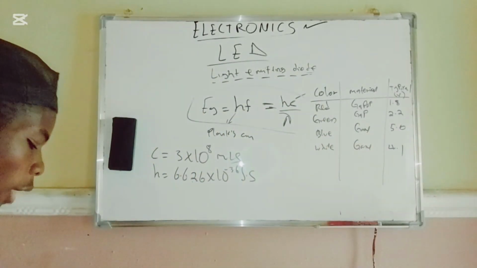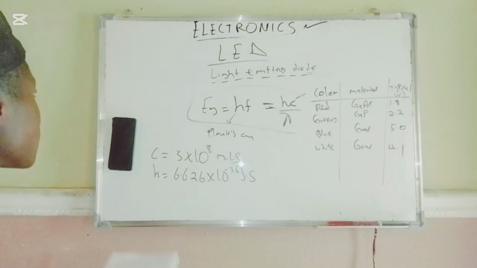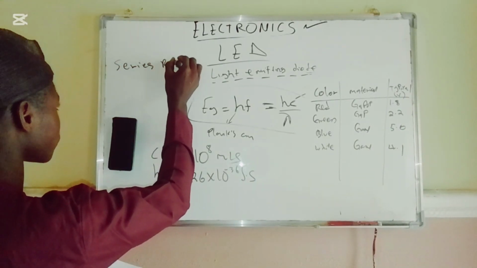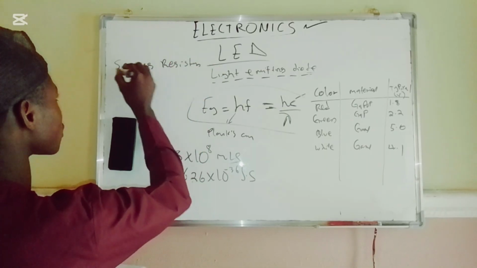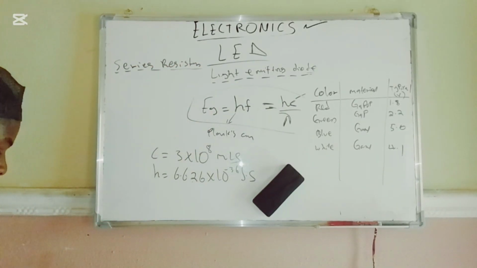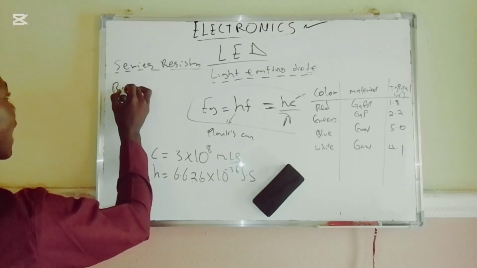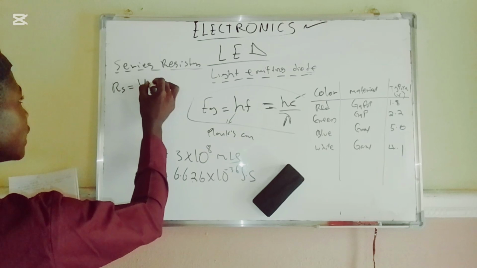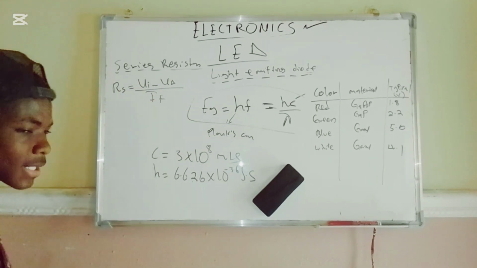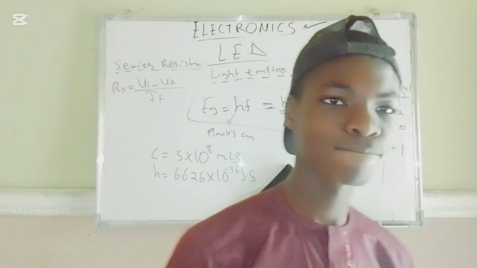There is one thing that I want to tell you. There is what we call the series resistor, not resistance, sorry. The series resistor has its formula, which says that Rs, the series resistor, is equal to Vi minus Vd divided by the value of If.